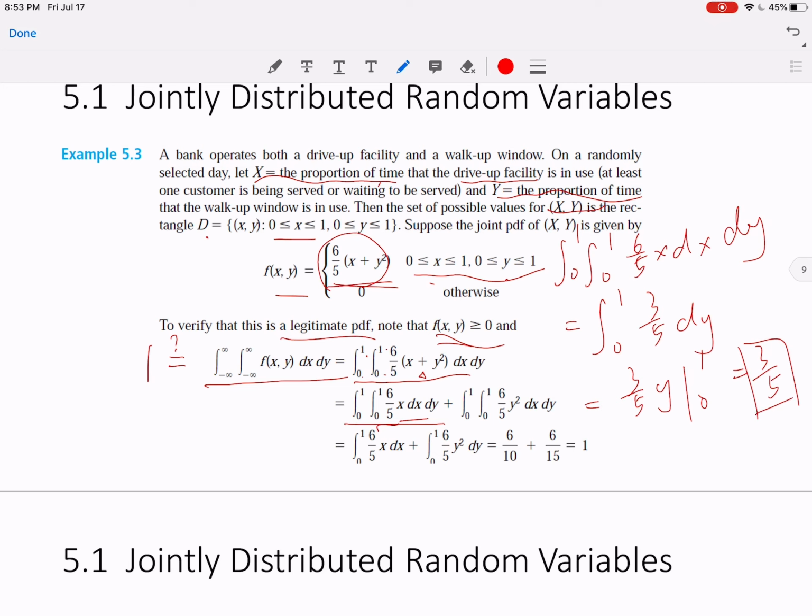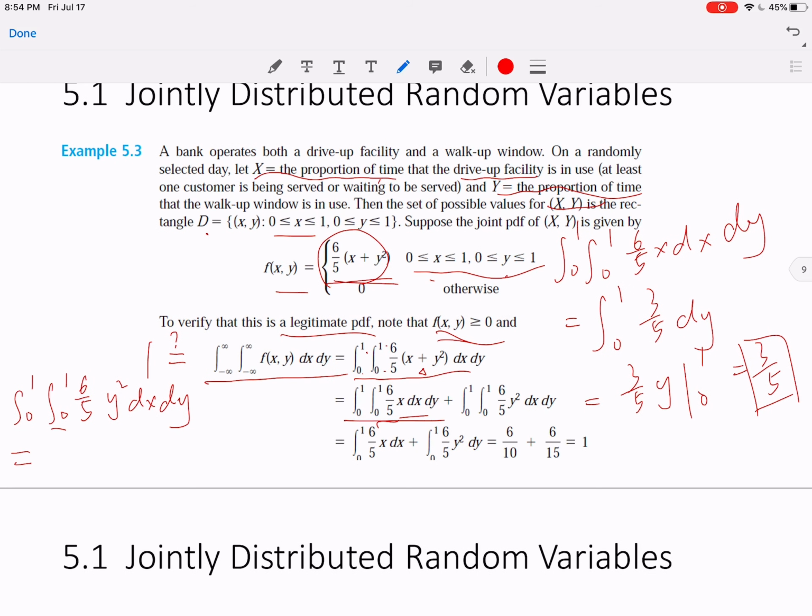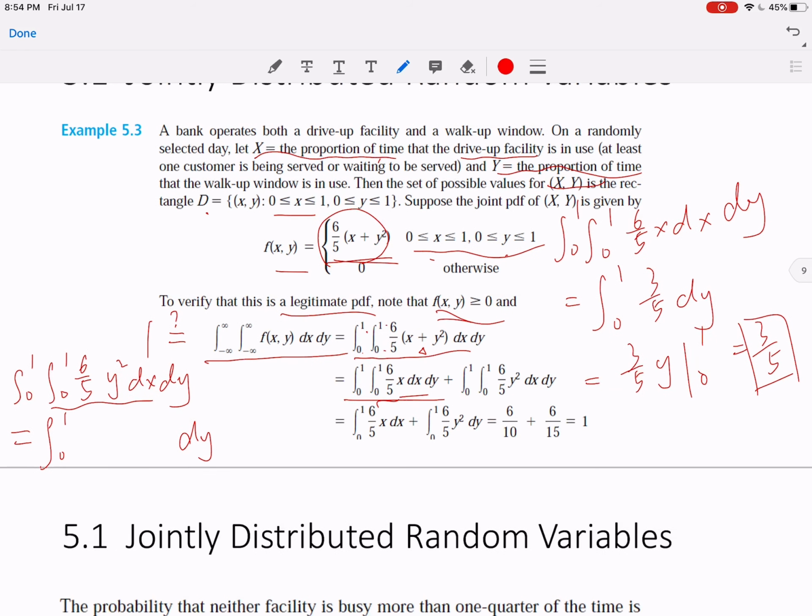The second part is the same thing. I'll just do it on the other side here. Let me rewrite it from 0 to 1, 0 to 1, 6/5 y squared dx dy. Since we're doing the integration with respect to x on the inside, that would be, with the outside part dy, 6/5 y squared x.